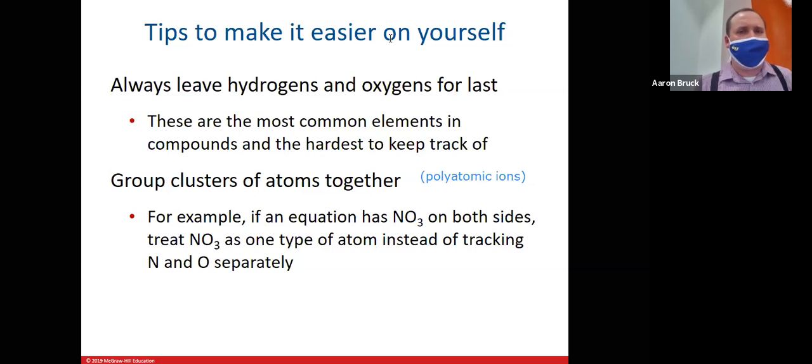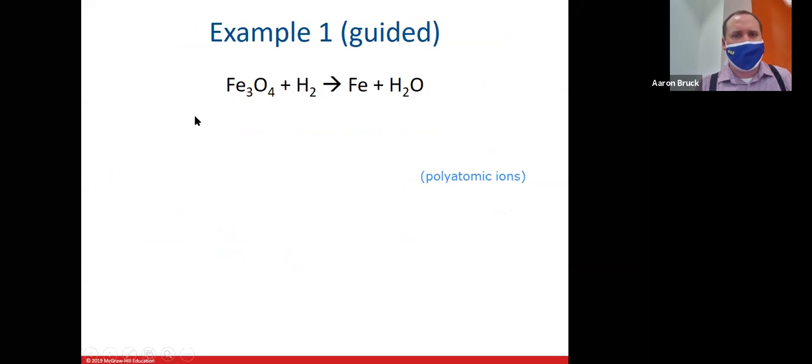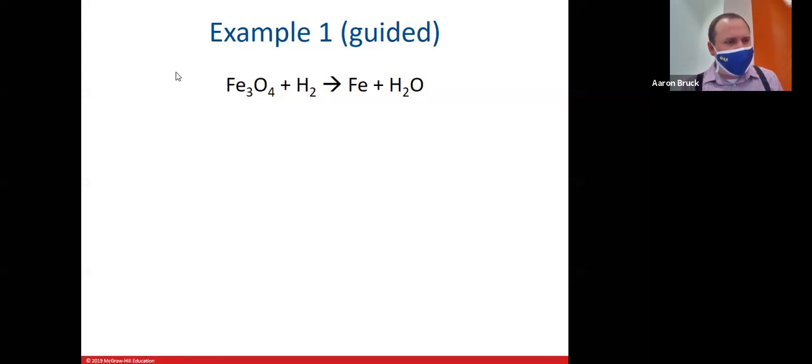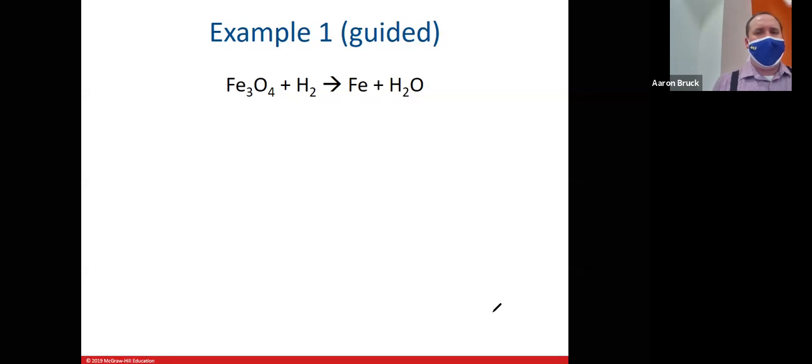So let's do some examples. Here I have the reaction between an iron oxide compound and hydrogen to make iron and water. So my first step is to set up my atom economy.